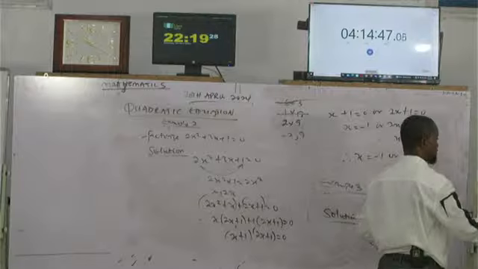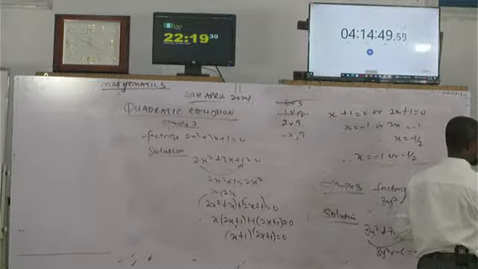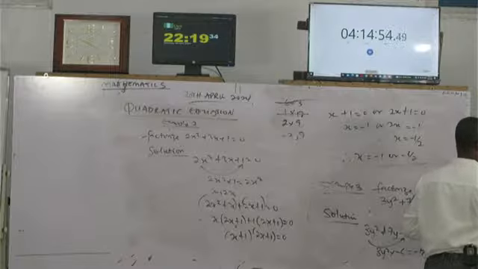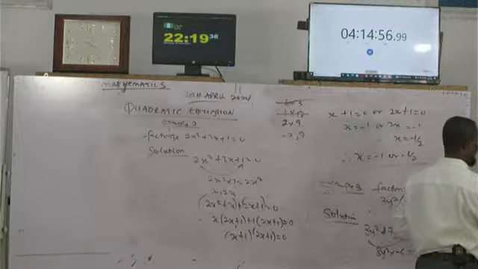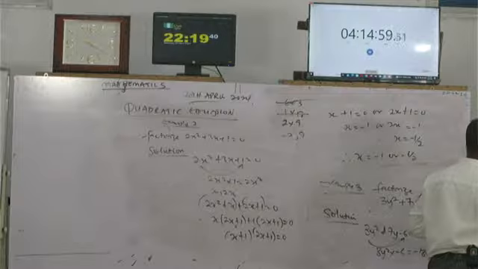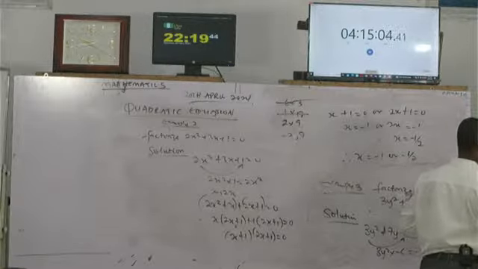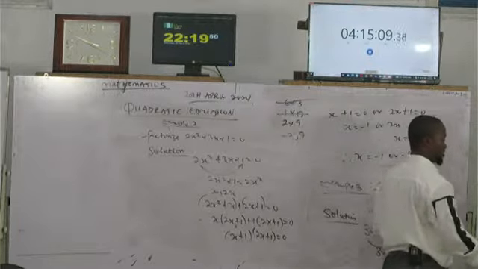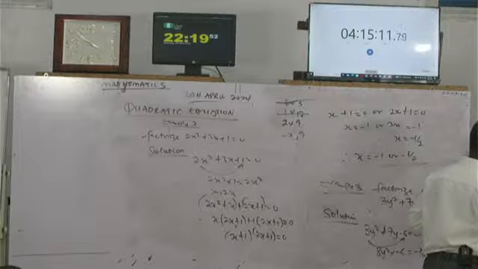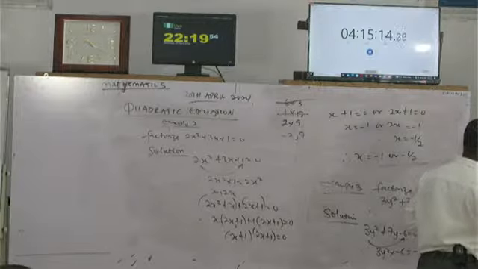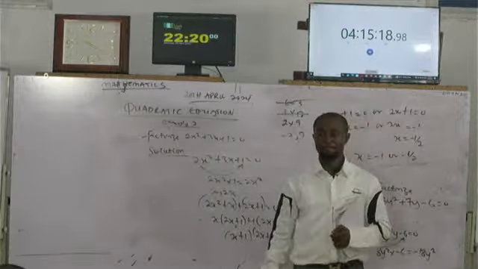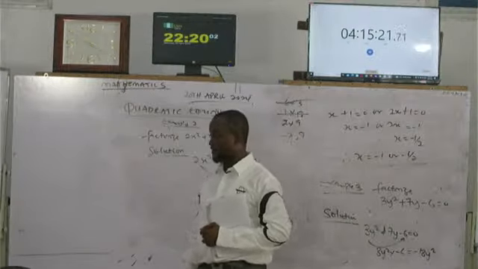So from there we add this with this. What do you have? Equals 0. So therefore y plus 3 equals 0, or 3y minus 2 equals 0. So y will be equal to what? Or 3y equals 2. So from here, y equals minus 3 or 2 over 3.